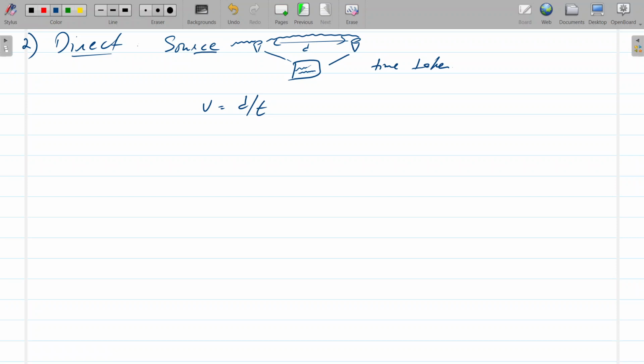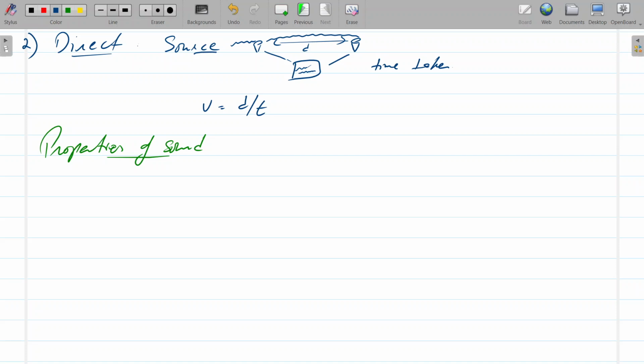Okay, now some properties of sound or sound waves. So they start off by talking about musical notes.